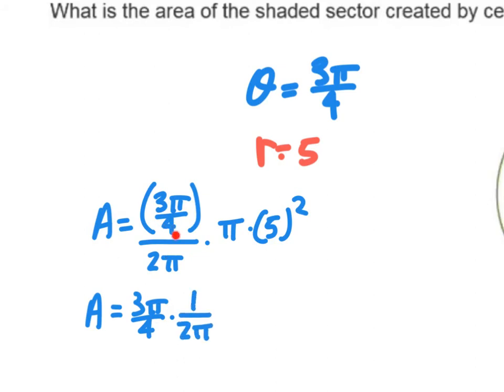So going from this step to this step is very important. Then I'm going to multiply that by pi times 5 squared, which is 25. Now I notice I can divide these pi's out. I still have 1 pi left over, and that's all right.